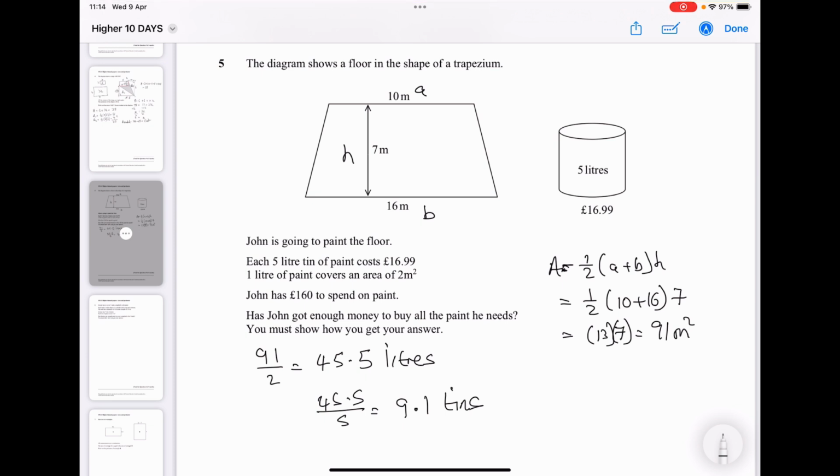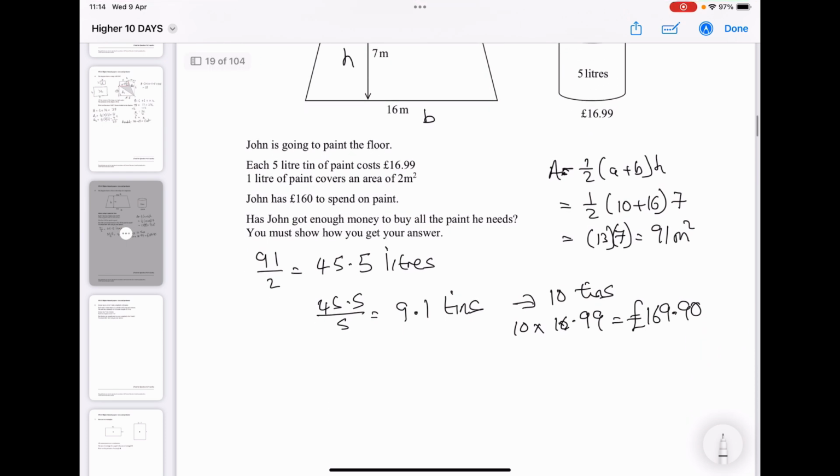My issue with 9.1 tins is that I would need to buy 10 tins, and 10 times 16.99 is £169.90.